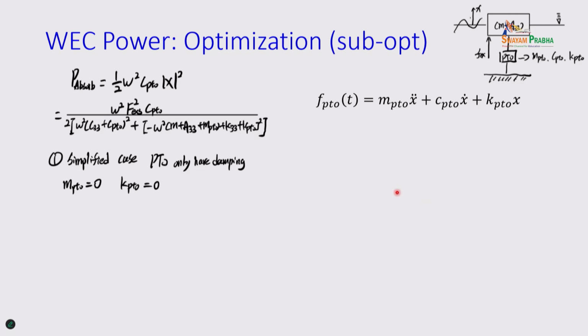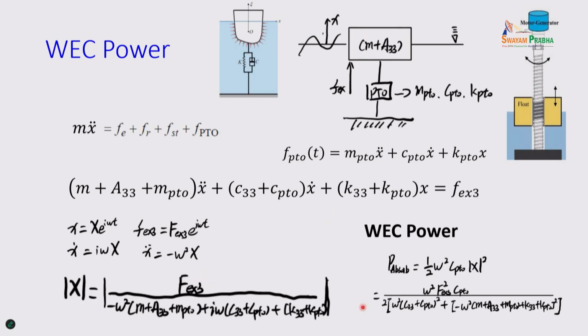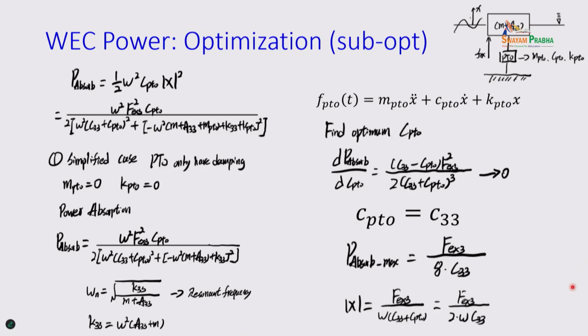So you give these parameters here, and you get the buoy's amplitude. It is proportional to the excitation force and inversely proportional to C33, right? So in such a case, if you reduce C33, which is the radiation damping, what do you have? You increase the vibration amplitude, right?